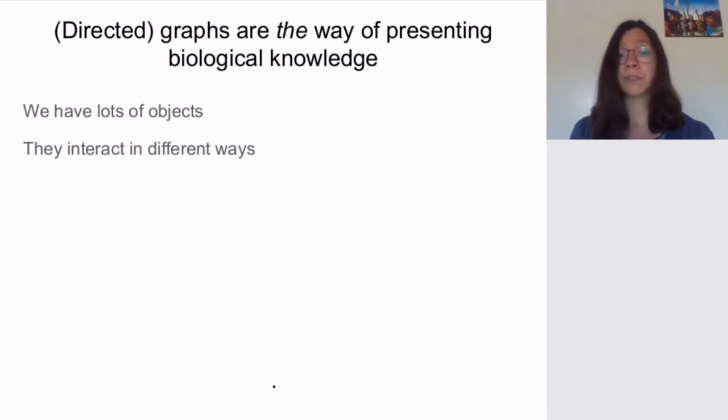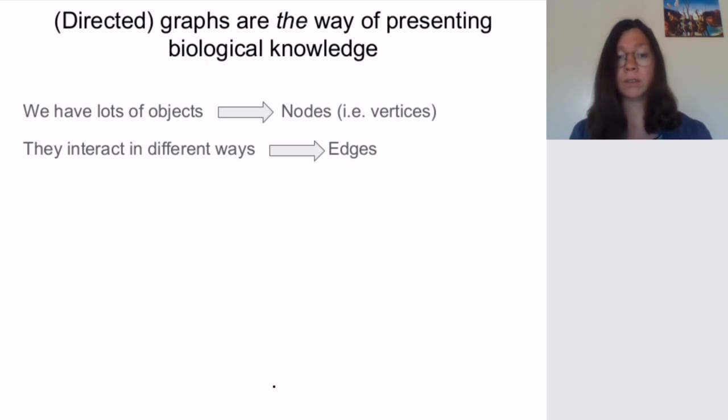Well, we have lots of different objects and they are interacting among each other in different ways. So, when we are trying to present all of these different networks, these objects become nodes and the interactions become edges.